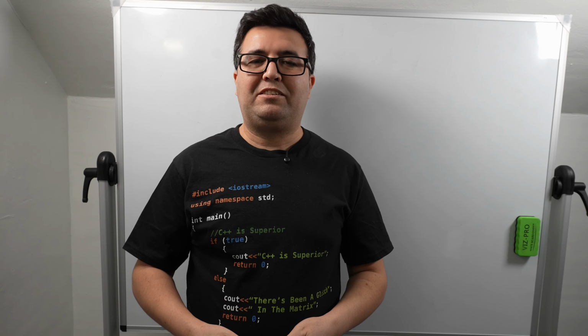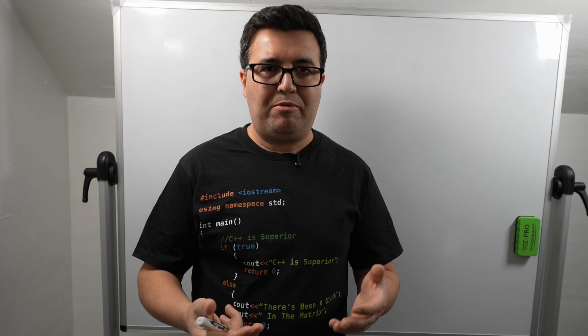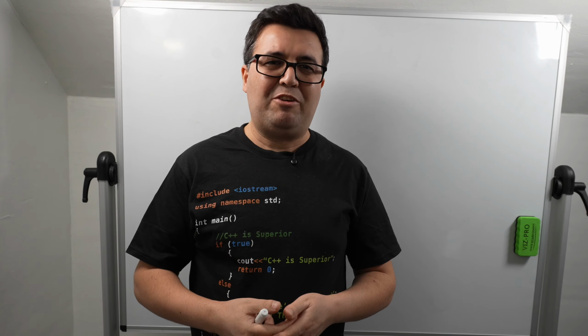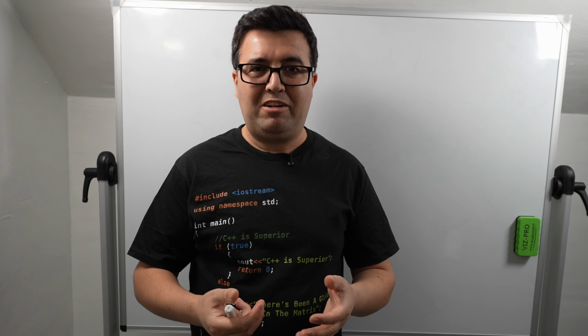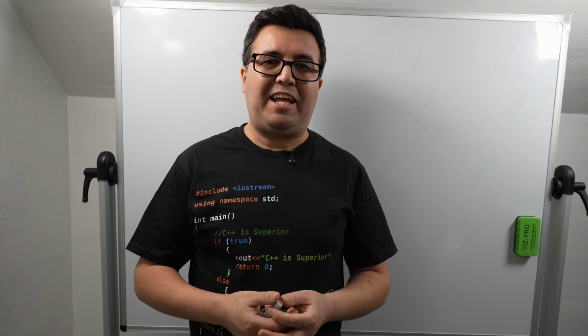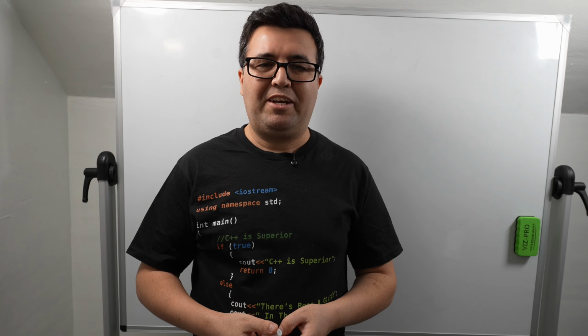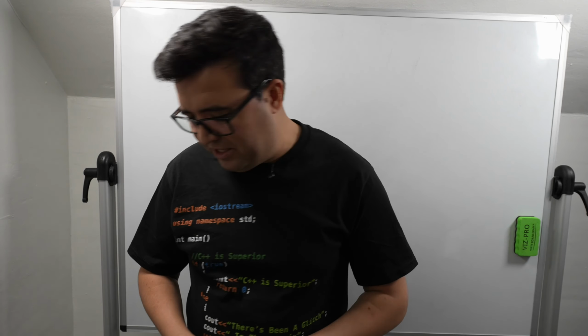True in C++ is 1, and false is 0. Any value that is 0 in C++ is considered false, and any non-zero value is considered true. So let's start.